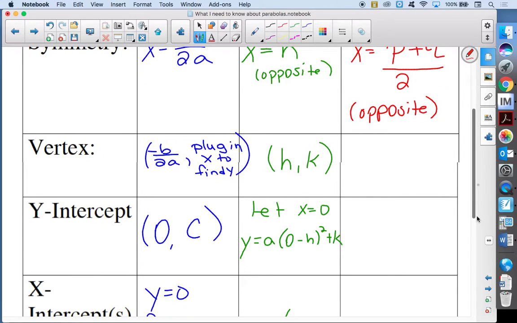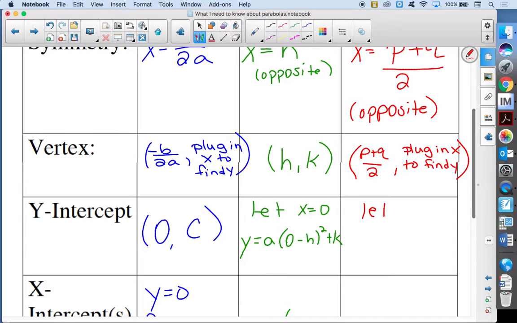For the vertex, the x value is that p plus q divided by 2. Whatever your axis of symmetry is, that's the x of the vertex. And then again, to find the y, you have to plug in x to find y. So you're taking the axis of symmetry, you're plugging that number in to find your y value.